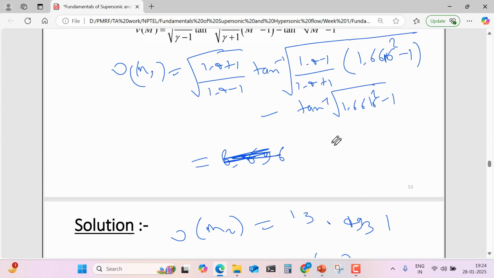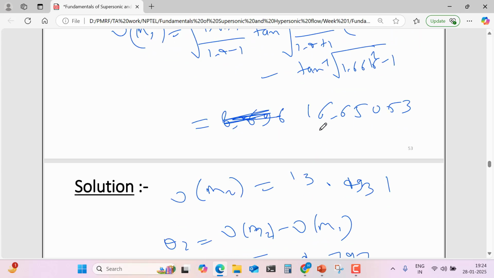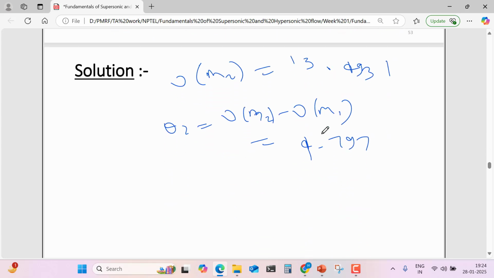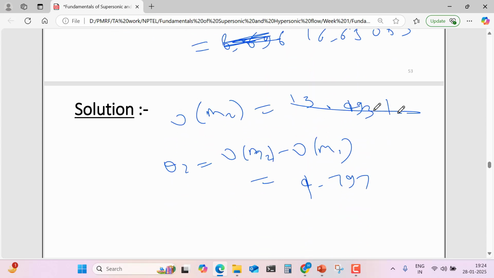This value is 16.6505. I put the wrong value in the calculator. And this will also come 48.2653.